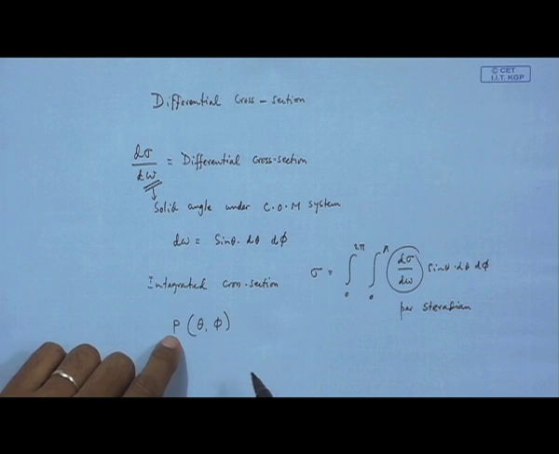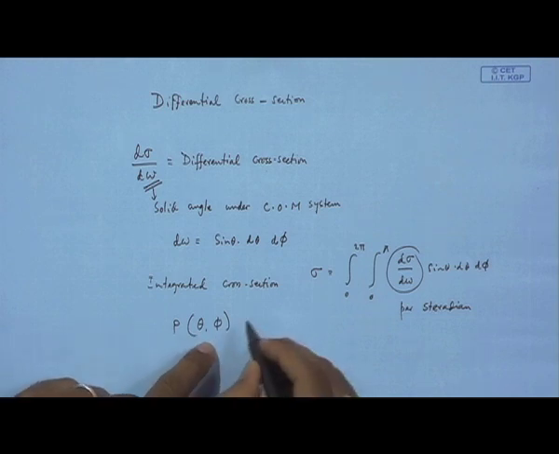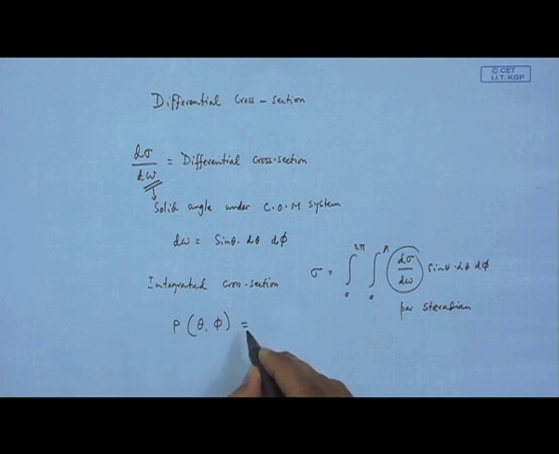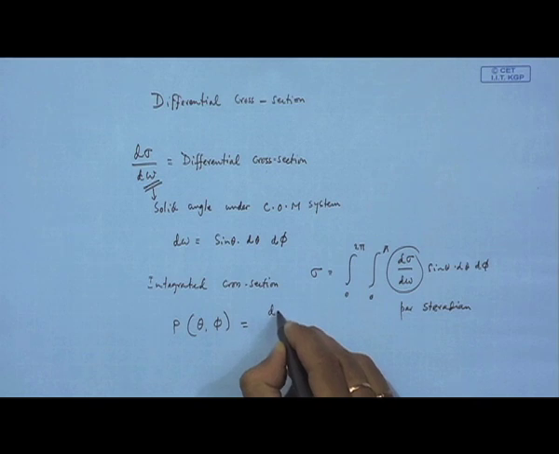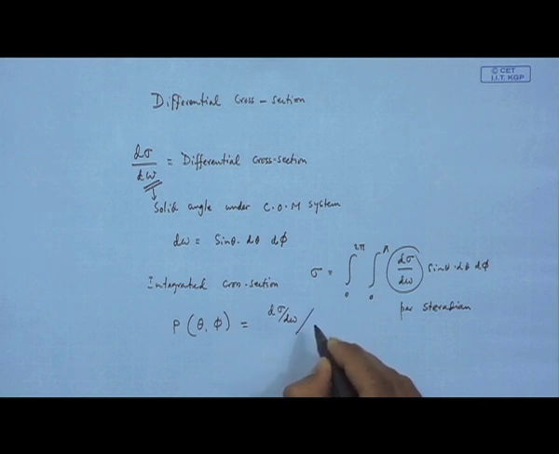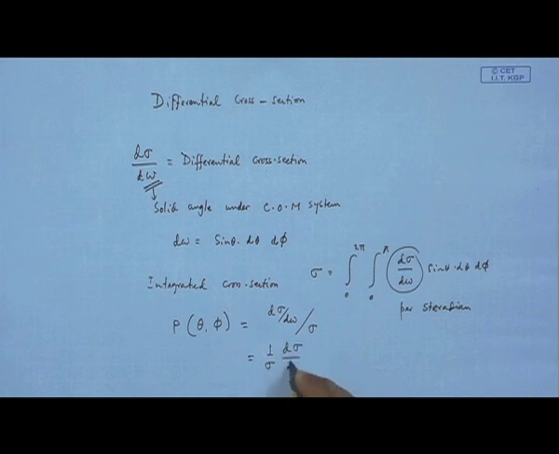That's why the probability function is a function of theta and phi, and it is d sigma d omega per integrated cross section, therefore divided by sigma. So it is 1 by sigma d sigma by d omega.